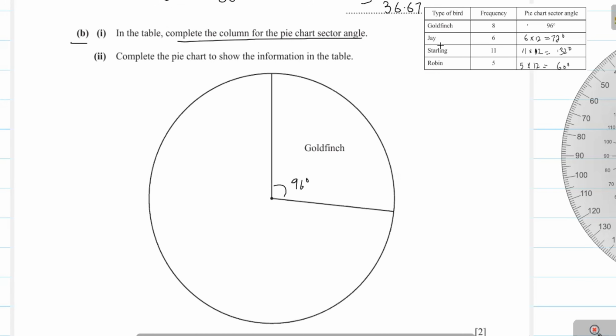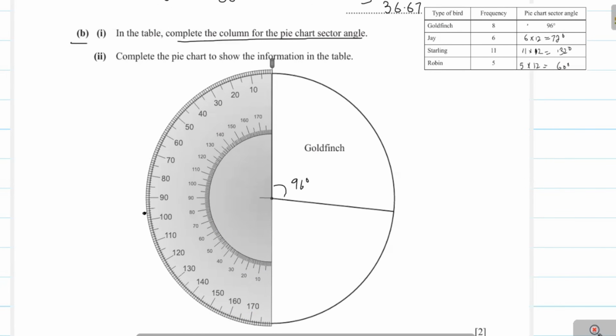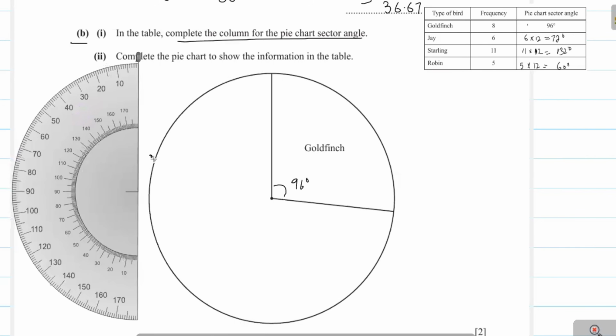Next is Jay with 72 degrees. We mark this angle by using the protractor. And you see here the 72 degrees. This is the 72 degree point. Next is 132. Now we write the 132. Firstly, we draw the line here, and this is the 72 degree angle.